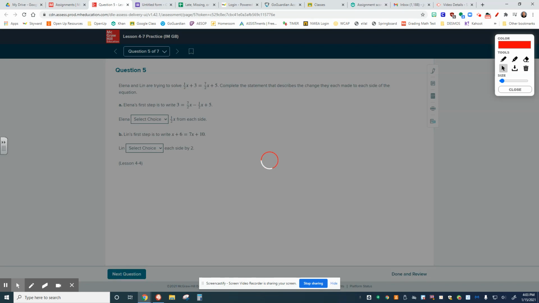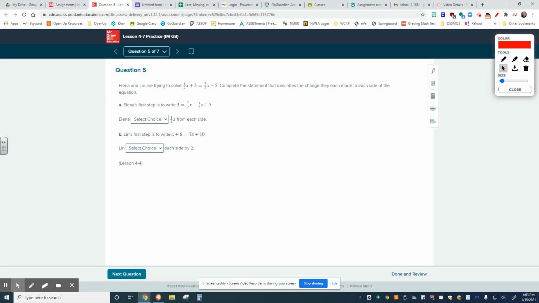Number 5, you have an opportunity to talk about what was Elena's first step. This is review from lesson 4.4. Analyze the equation, take a look at what's different, and decide what did Elena do first. What you'll notice here is we went from 1/2 times x plus 3 just down to a 3. So how did she get rid of that 1/2?